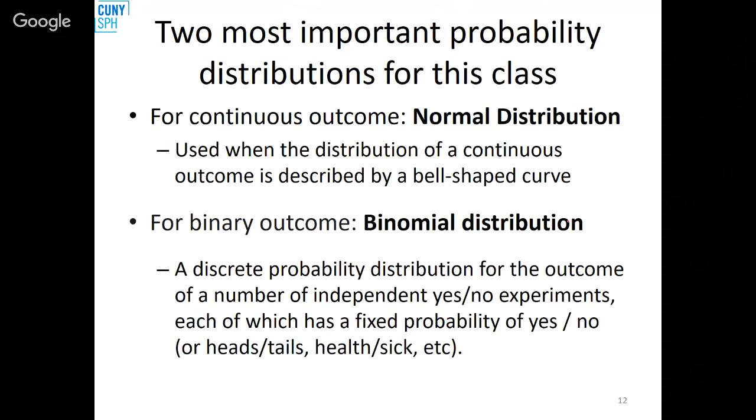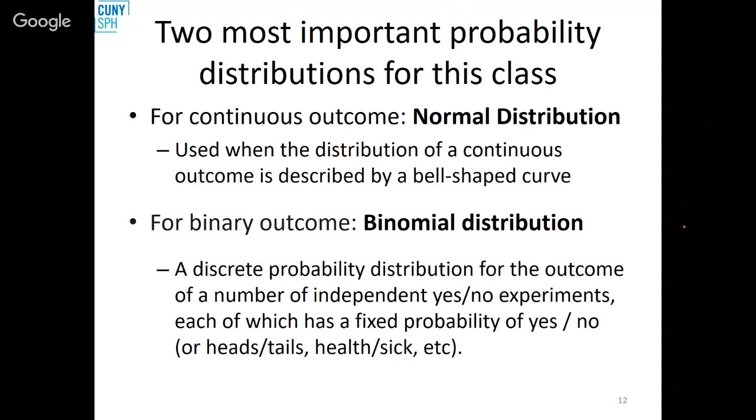So the normal distribution is a continuous distribution that is sort of bell-shaped. You'll see more about what that is, but it's an important distribution because it happens to fit a lot of different kinds of data.